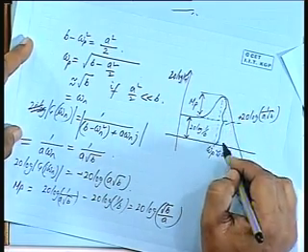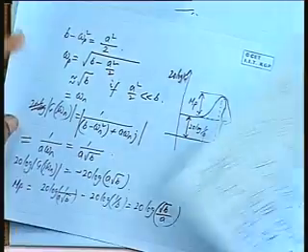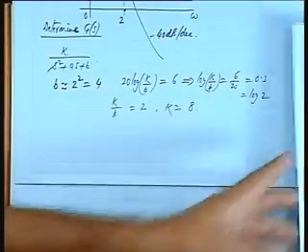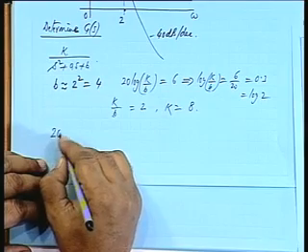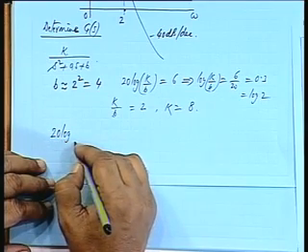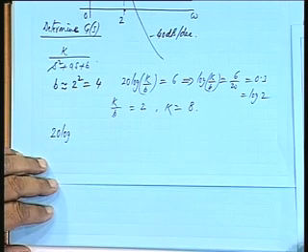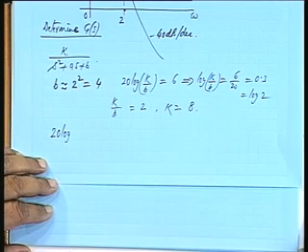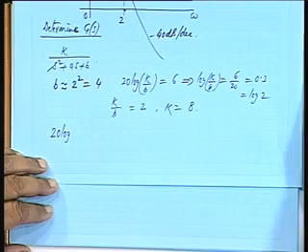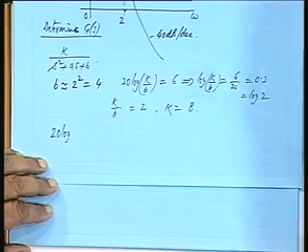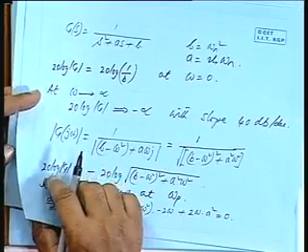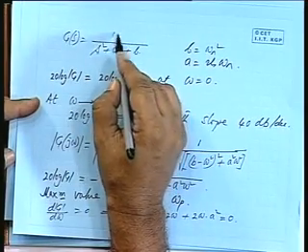So 20 log of 1 by a root b is 32. Is that all right? k is 8, already calculated. Maximum value here, earlier we didn't consider k. If there is a k, 20 log of k will be added.